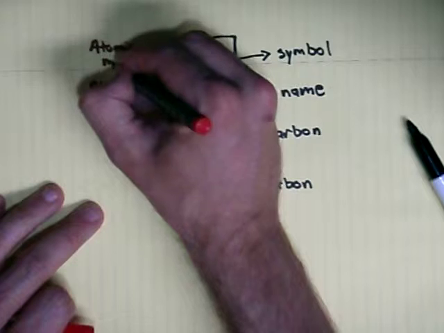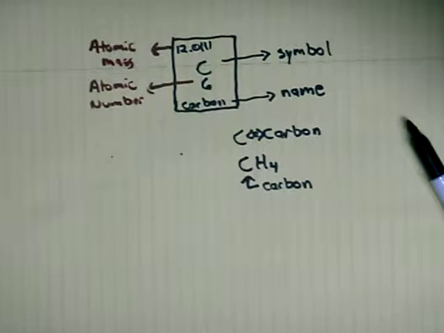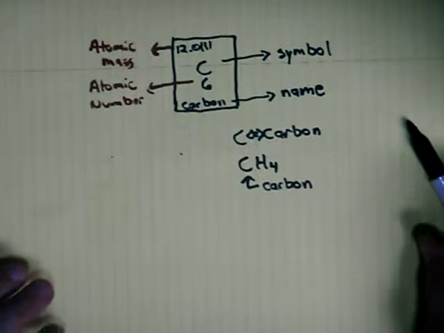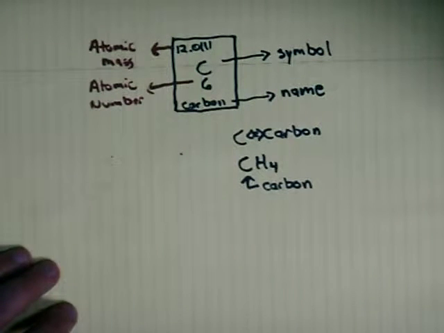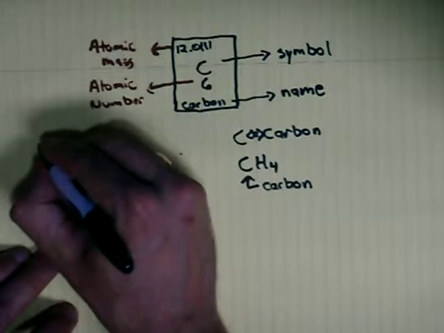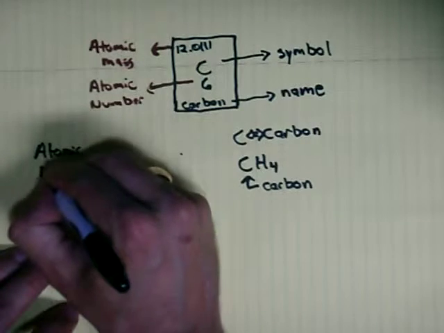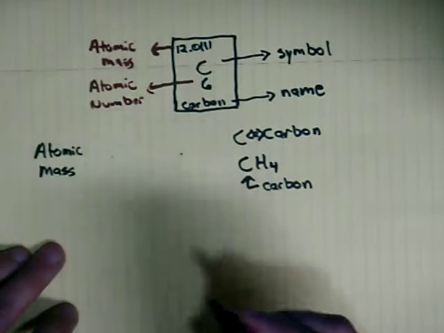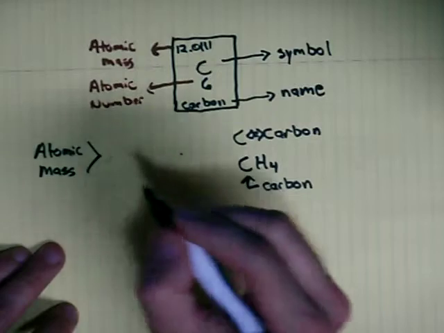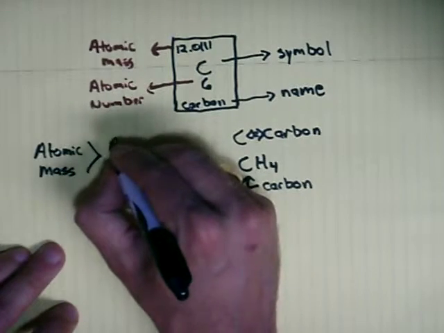So one thing we'll notice, everything that we look at on the periodic table, the atomic mass is greater than the atomic number.